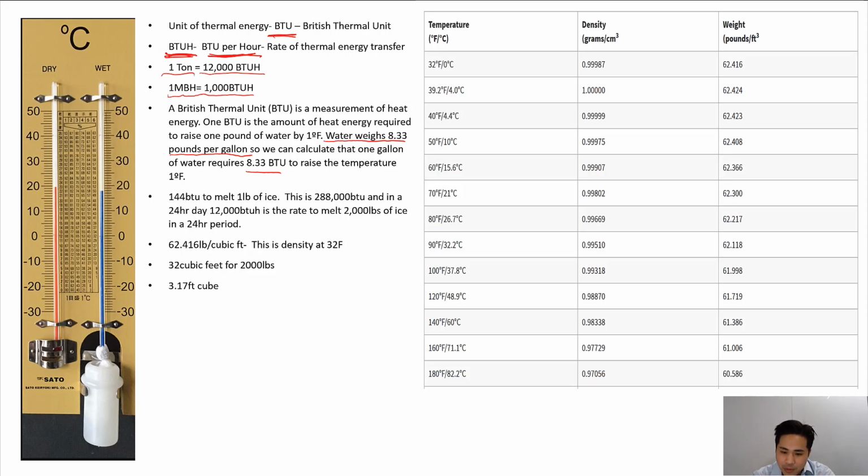If you look at the chart here, we have temperature on the first column, density in the middle, and the weight on the right side. This point here is the freezing point, which is 32 degrees. This point here is the point of highest density, right here in the density column.